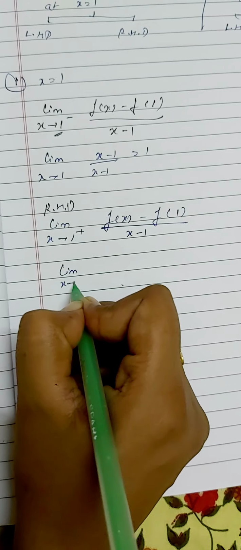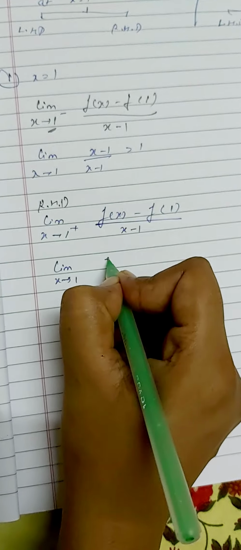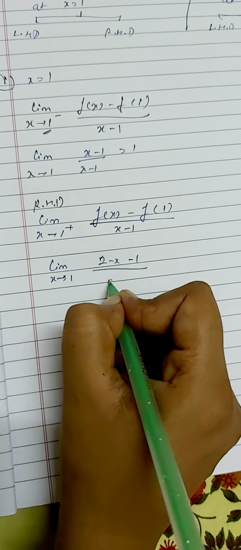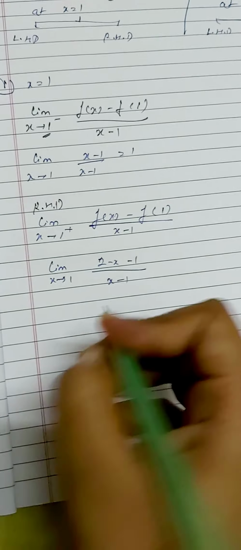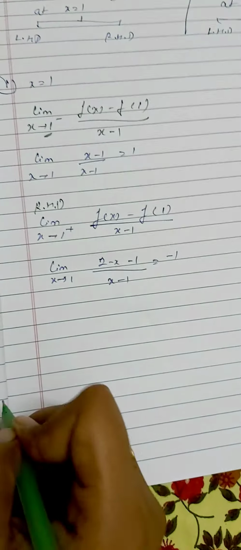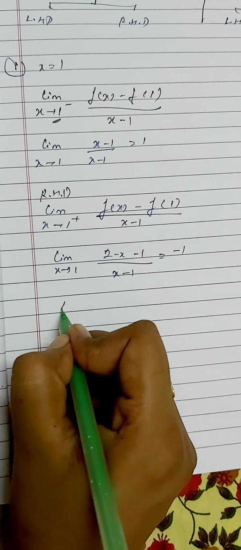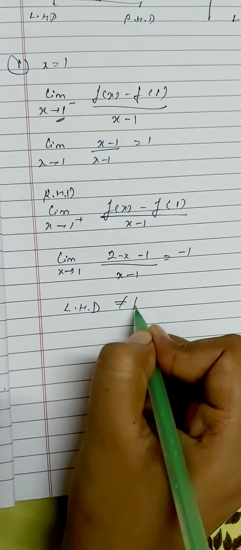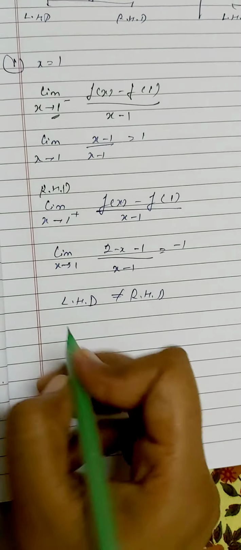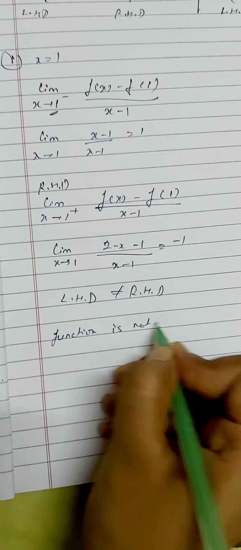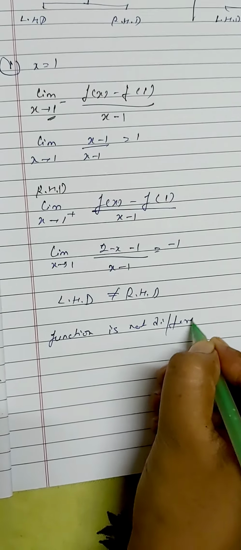Here, limit x tends to 1 of (2 minus x minus 1) divided by (x minus 1), which is minus 1. So I got my left hand limit not equal to my right hand limit, meaning the function is not differentiable.